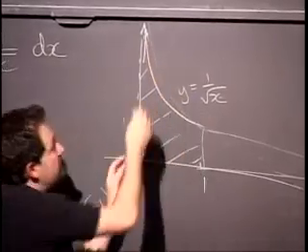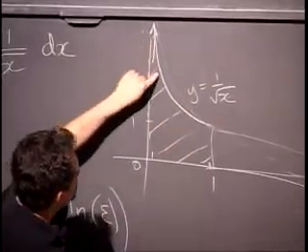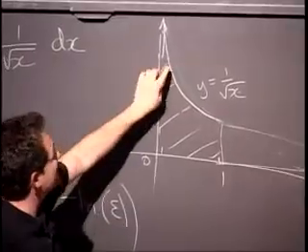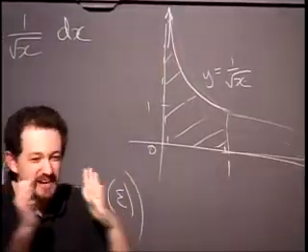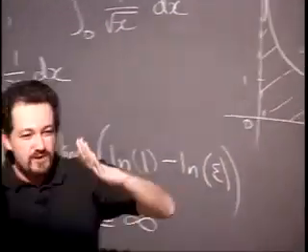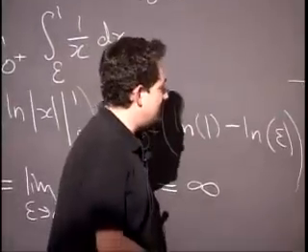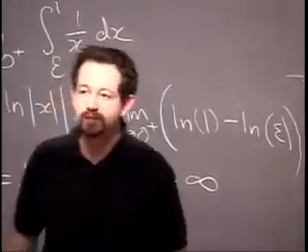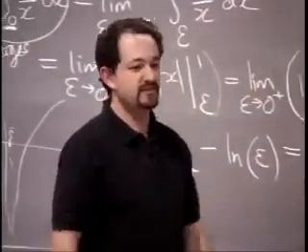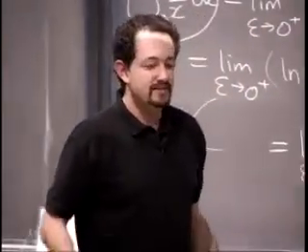And even though they both have an asymptote, this white curve, y equals 1 over root x, is closer. It sort of hugs it closer than 1 over x does. And it's sort of, as I say, a bit of a miracle, but somehow it converges. Somehow it's finite. So that's the whole game of this.